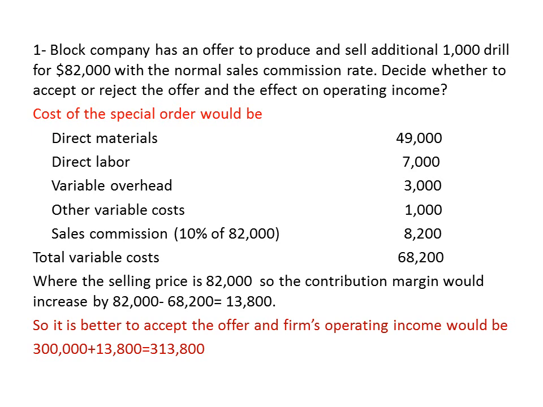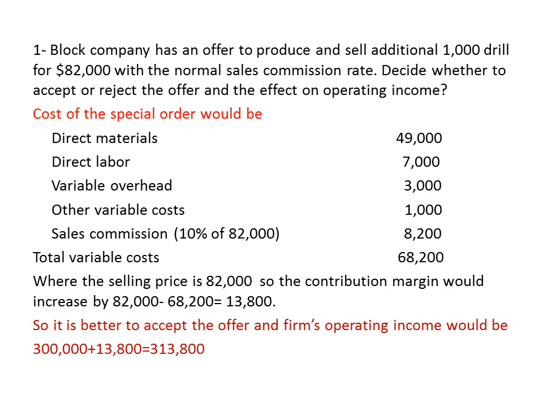The first requirement, case 1: Blue Company has an offer to produce and sell an additional 1,000 drills for 82,000 with the normal sales commission rate. Decide whether to accept or reject the offer and the effect of accepting it on the firm's operating income.